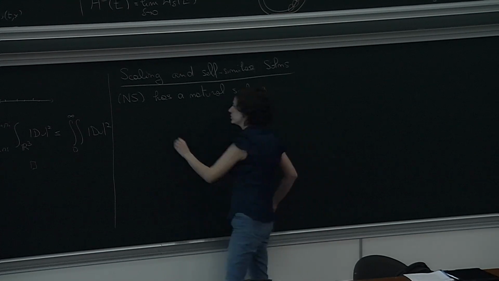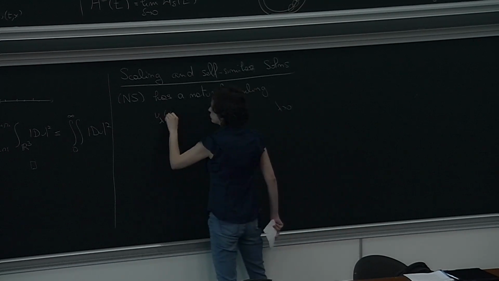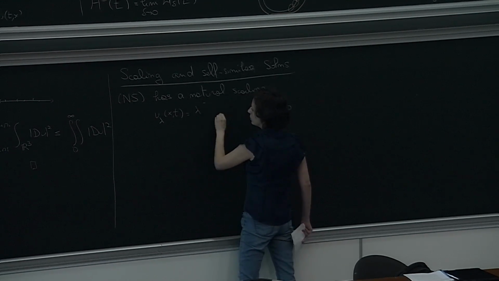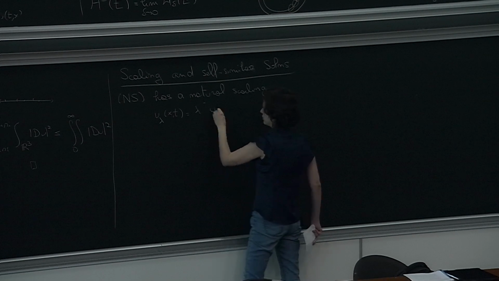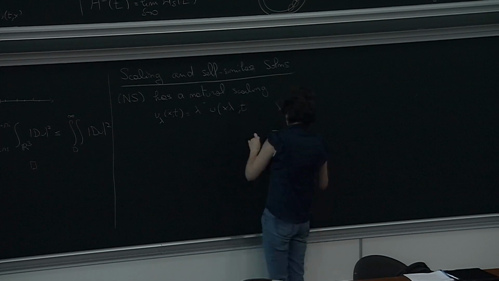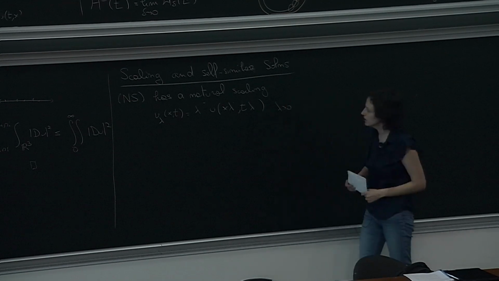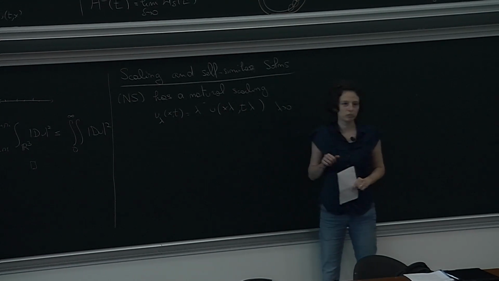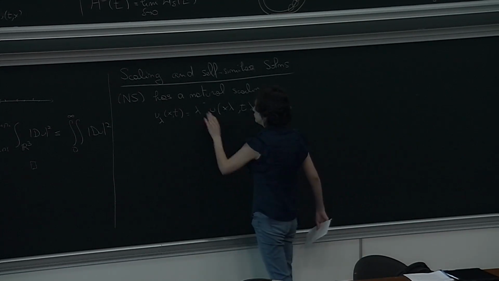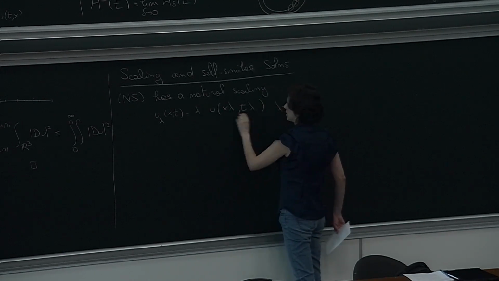This amounts to considering a parameter lambda greater than 0 and trying to rescale your solution. Typically, you take lambda to a power alpha, left free, x times lambda to another power, and t times lambda to another power, and then wonder for which numbers that I put here this is still a solution of Navier-Stokes. For Navier-Stokes, a one-line computation says that the powers are 1, 1, 2.